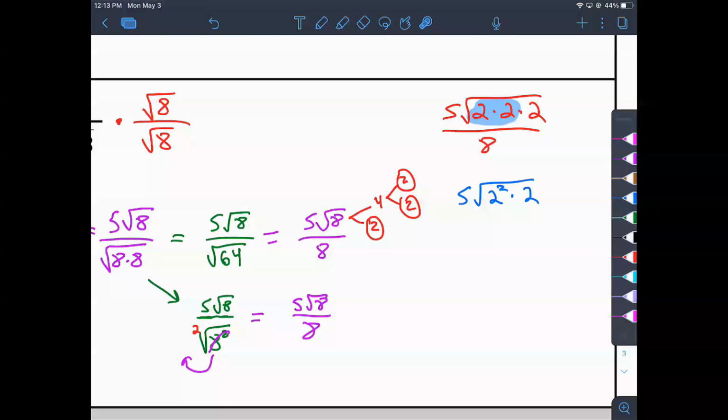That means that this is an index of 2. This exponent is 2. I get this base, which also happens to be a number 2, to the outside. So I get 5 times 2. And then I didn't do anything with this one, so it's still there. And my 8 is still in the denominator, by the way.